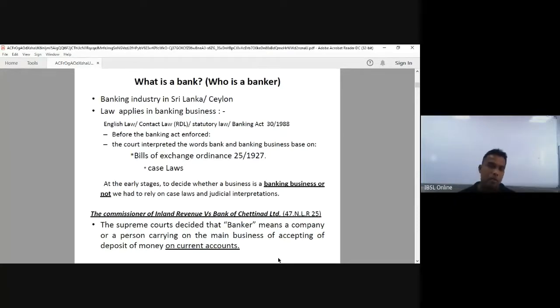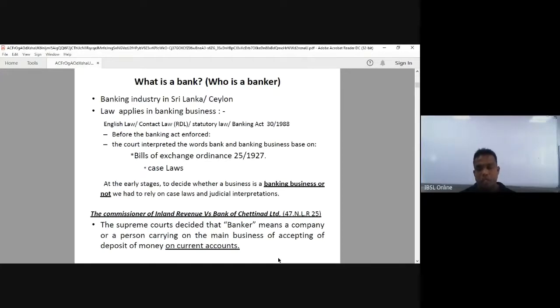No finance company, no individual, no partnership can maintain current accounts in their business for their customers. So if you are not maintaining current accounts for your customers, even though your name carries the word bank, even though you are doing a business similar to the bank, you are not a bank.